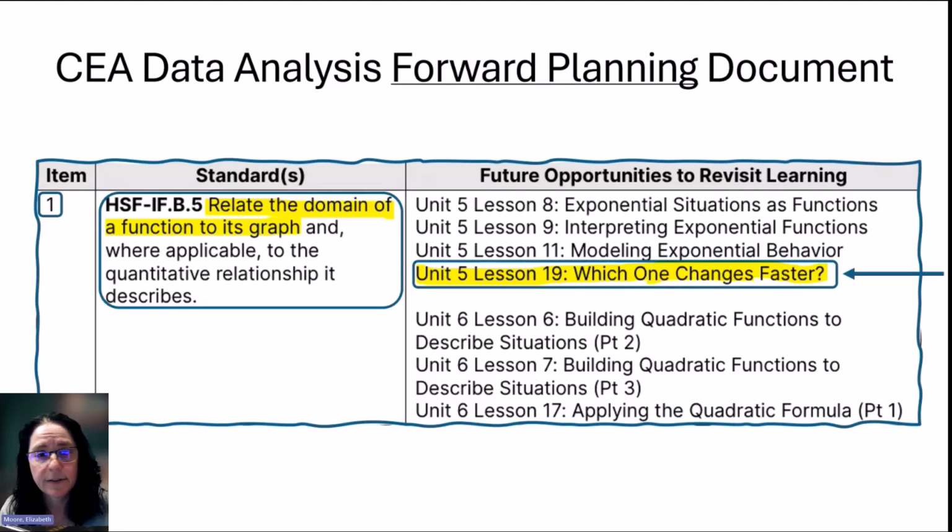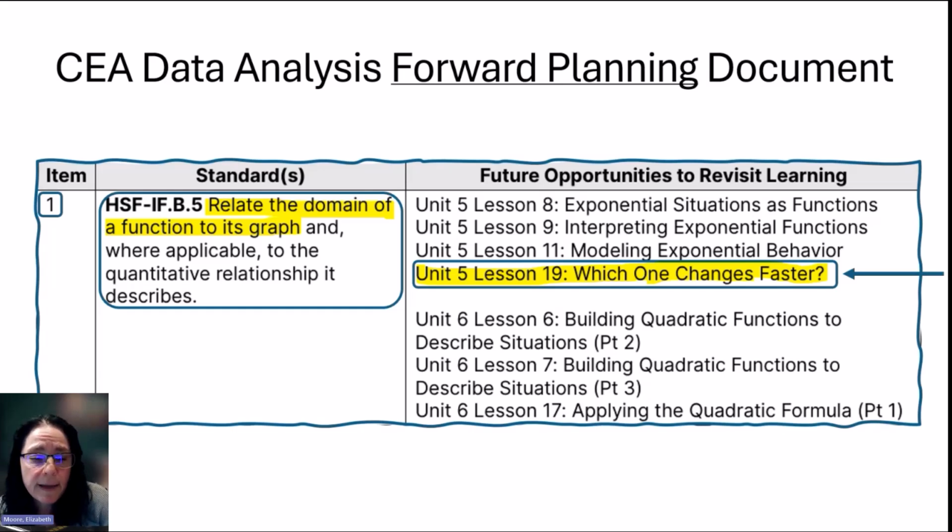Continuing to scroll down a little bit, I might notice that this standard that 1 and 6 both address says relate the domain of a function to its graph and where applicable to the quantitative relationship it describes. And that we have future opportunities in lots and lots of lessons, but one that might be upcoming is Unit 5, Lesson 19, which one changes faster.